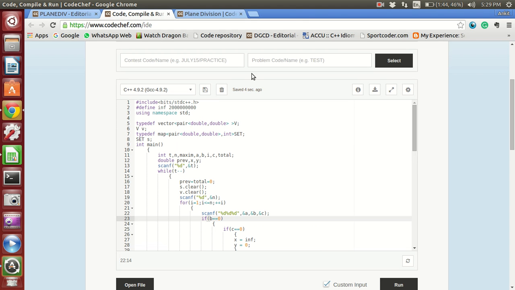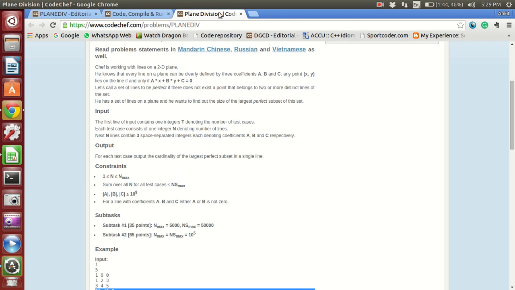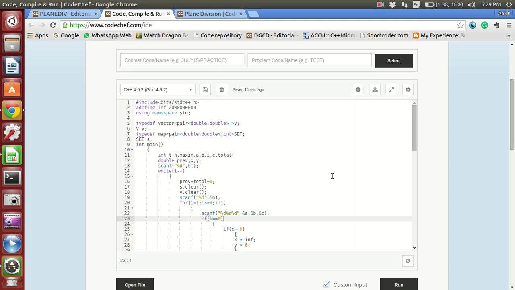This problem was easy to understand, but the main problem was the implementation, as if you are not using any STL library it would be very difficult to implement. So let's understand how to solve it using the STL library.